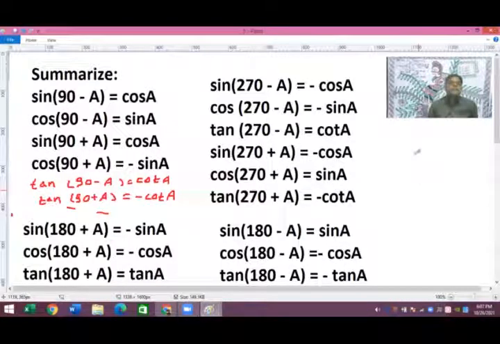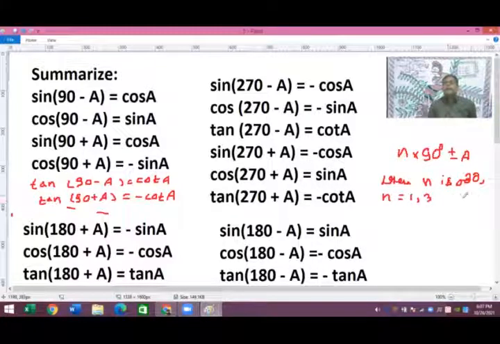So let's check for n times of 90 degrees plus minus A. Alright, so when n is odd, in this case we checked for n equals 1 and 3, maybe for 5, 7 you can also check, but we did for only n equals 1 and 3 till now, but it applies to the other odd values of n as well.